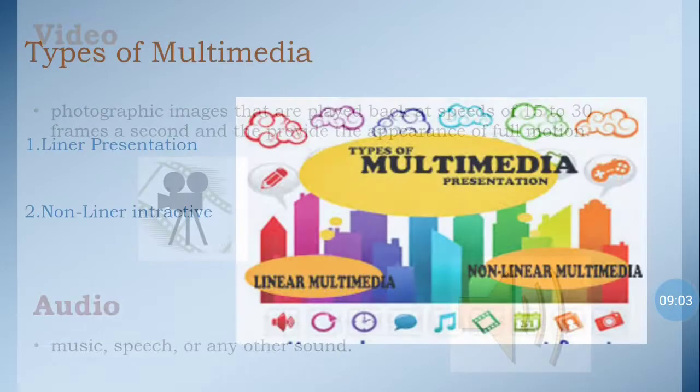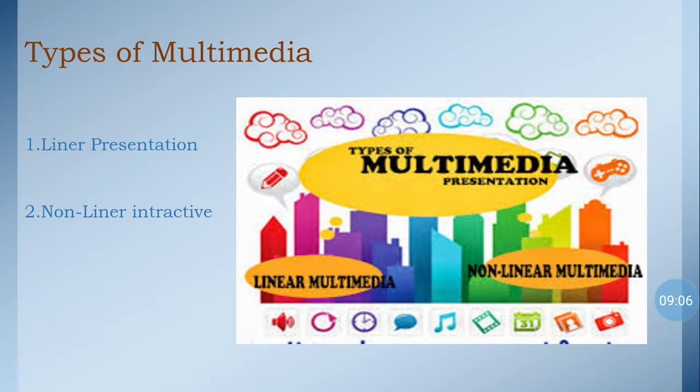The next, types of multimedia. The two types of multimedia: linear presentation and non-linear interactive. The first is linear presentation, the linear multimedia. Linear means active content progresses often without any navigation control for the viewer, such as a cinema presentation.